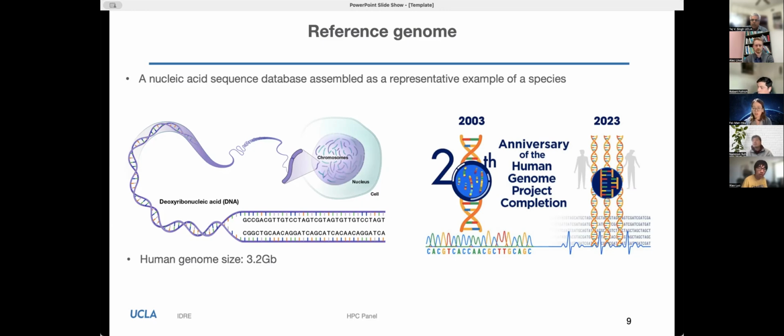And with every data we get, we can reference this reference genome to look into whether there's a mutation or variation that's important for biological processes, for example, disease, cancers, or anything that might happen. So next.